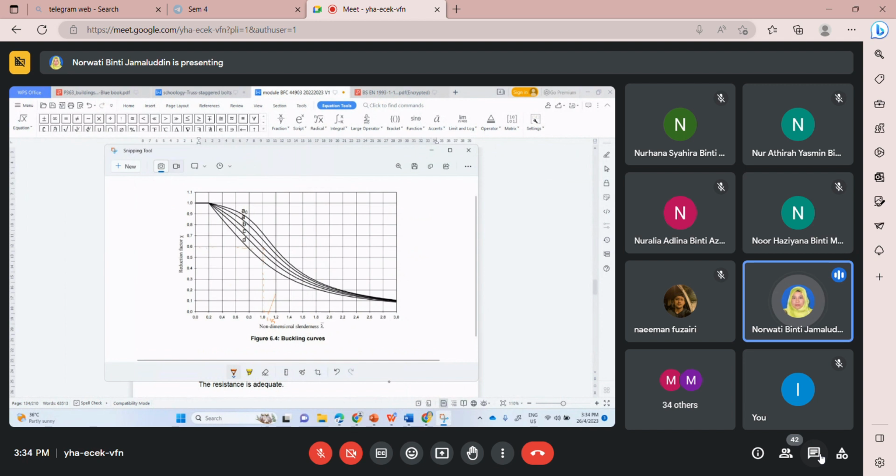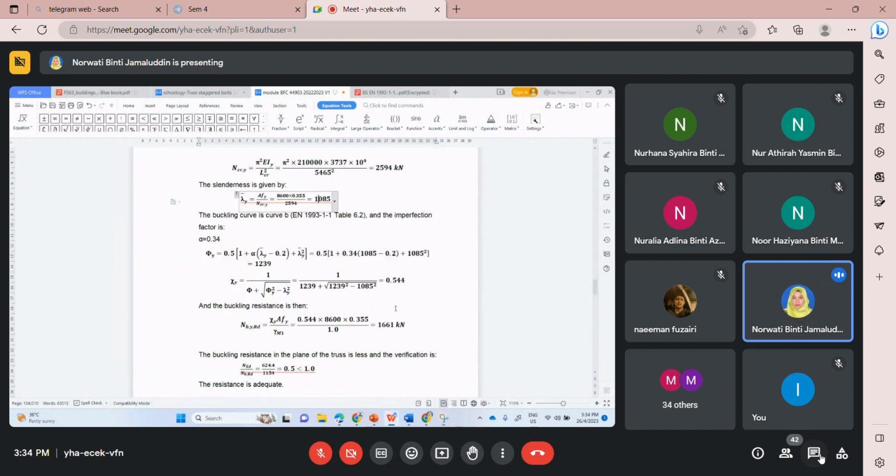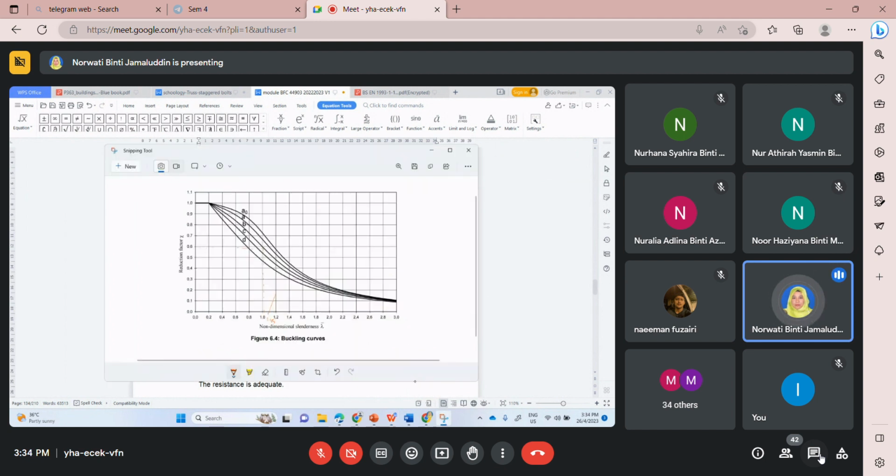Tak berapa tepat. 1.085, can I say 1.1? This is 1.5. 1.1 should be... Susah juga, maybe it's here.